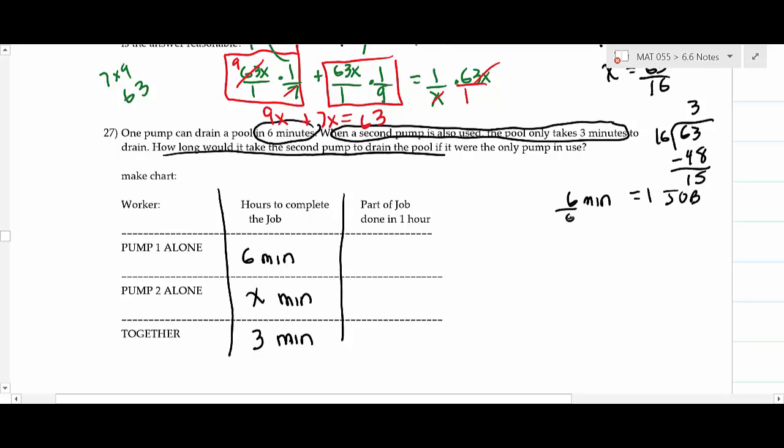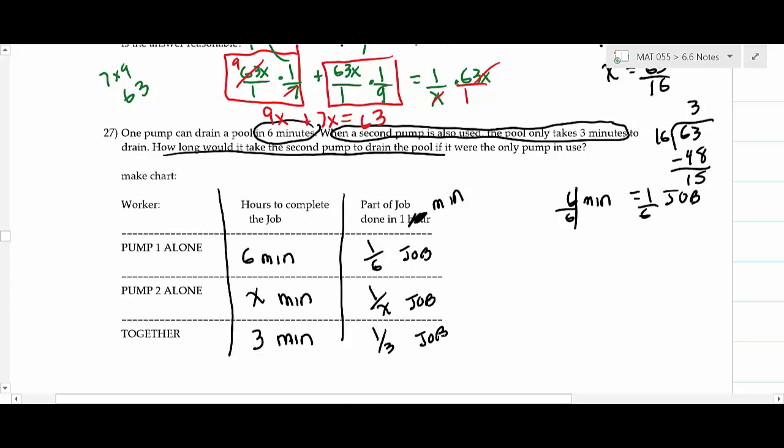If you divide both sides by 6, you get in one minute, that's supposed to say minute, that's not supposed to say hour, that's a typo. I thought I was trying to trick you there, that's a typo. You could do it that way, but you'd have to do conversions, that was not the intention. So anyway, this is 1/6 of the job. This is 1 over x, part of the job. And then that's 1 over 3 of the job.